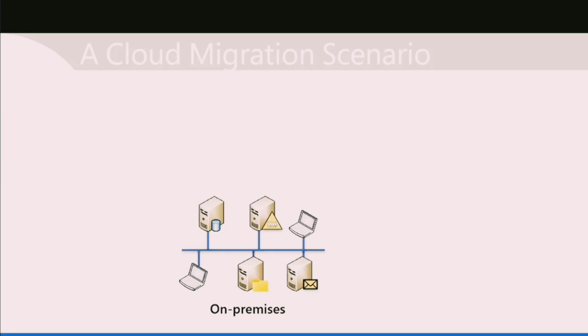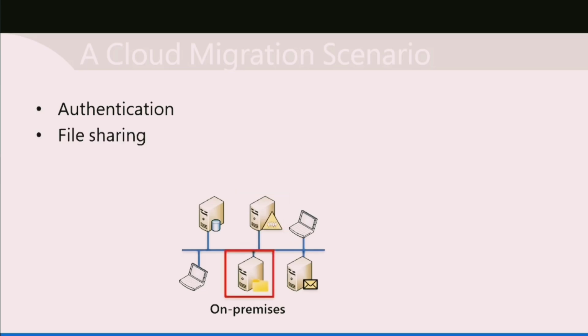Let's talk a little bit about some of the migration scenarios before we move on, just to get an idea about why organizations want to make the move. So in a typical on-premises network, you'll have some sort of authentication provider. In the Microsoft world, that will be Active Directory Domain Services, or ADDS, sometimes referred to as Windows Active Directory, or sometimes even just Active Directory. You'll have file servers set up for file sharing purposes. It's a very common way of collaborating in an on-premise network.